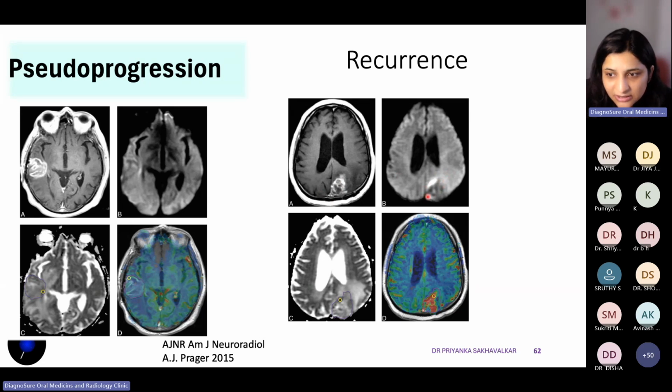You can see it is lighting up in the diffusion weighted image as well. It is not a decreased ADC, but again on the perfusion scan we can see higher blood supply, or hyperperfusion, which suggests this is a recurrence, and a repeat surgery was performed, which confirmed that this was a recurrence.